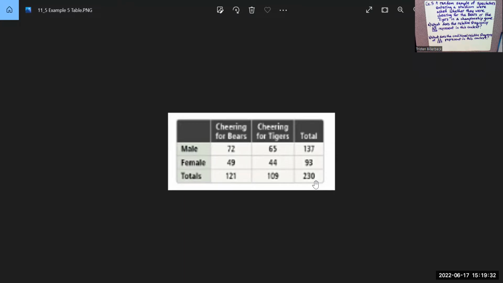So that's what it represents. So 65 male Tiger fans to total spectators.